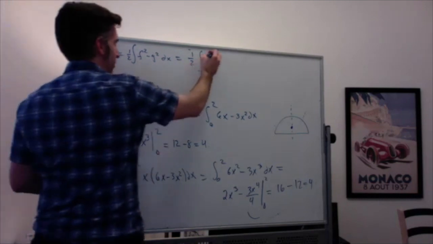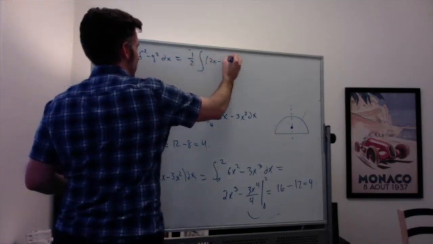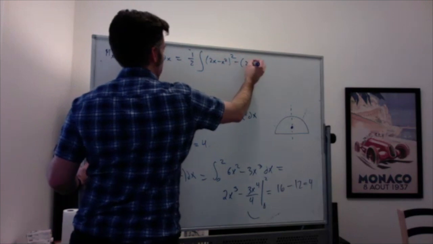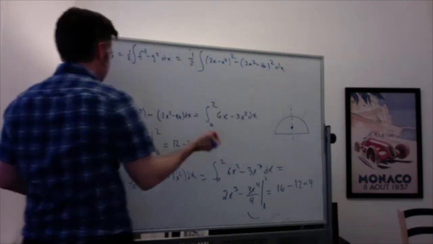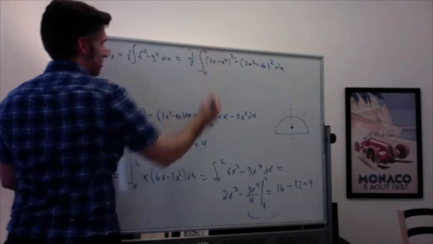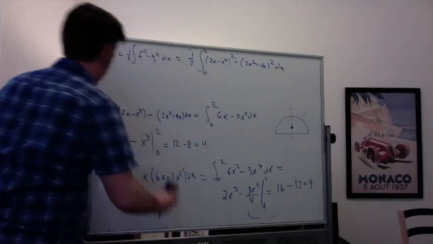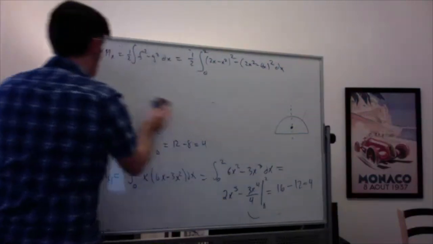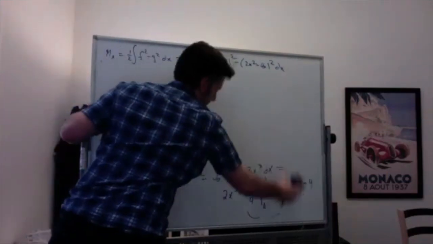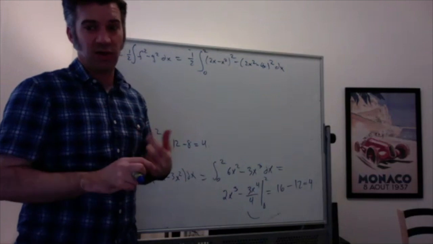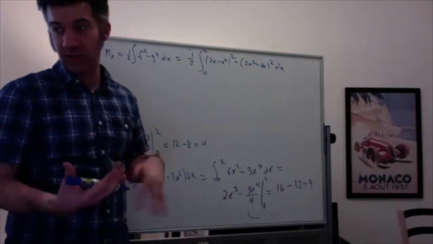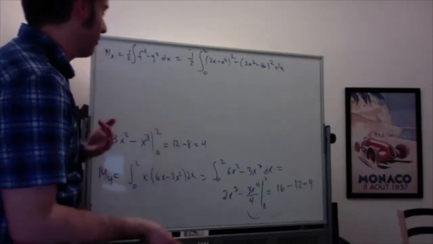It's going to be 1/2 of 2x minus x squared, squared, minus 2x squared, squared. It's usually kind of gnarly. So we have to multiply it out, which is nobody's idea of a good time. Oh, wow. Do be careful, right? It is f squared minus g squared, not f minus g quantity squared, which I definitely have seen people make that mistake before.